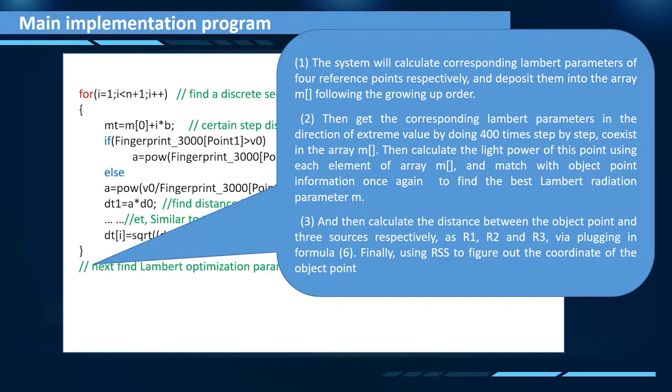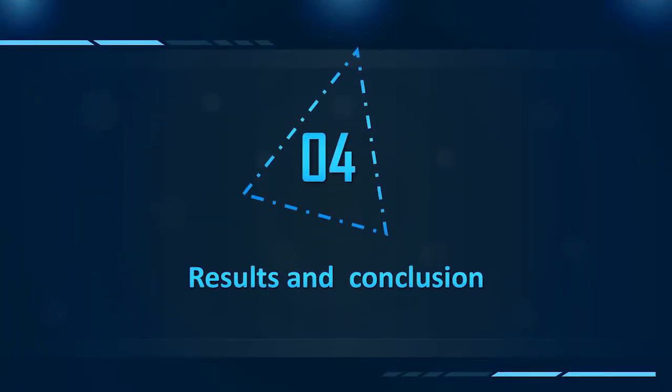And then calculate the distance between the object point and the three sources respectively as R1, R2, and R3. While substituting in Formula 6, finally, using RSS to find out the coordinate of the object point. Then, I will show you the results and analysis.